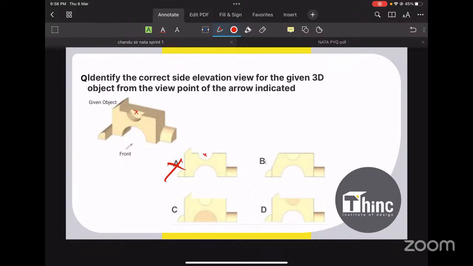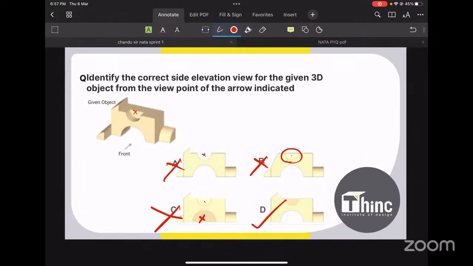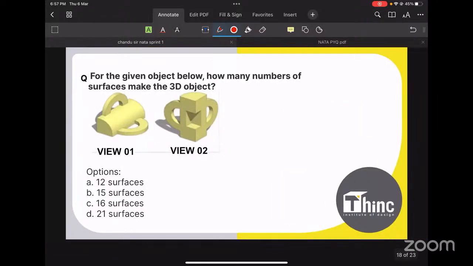That block is being addressed. What kind of block is it? It's not possible, it is not perfect. So you can find it: option D. Very good, Harshit, Saurav, Parth. All good.